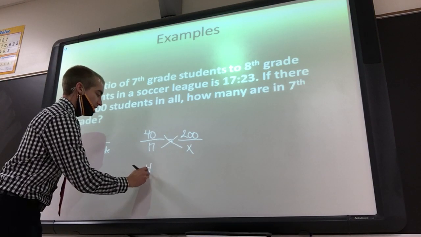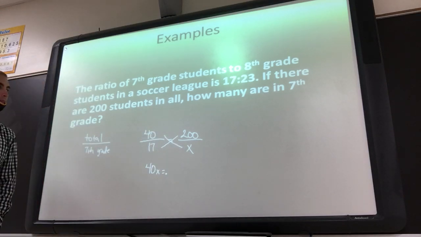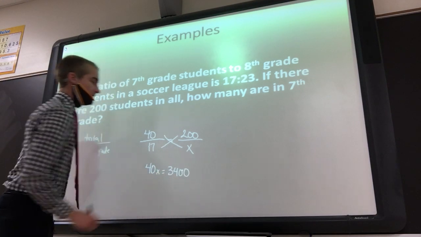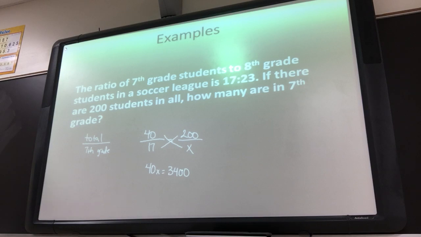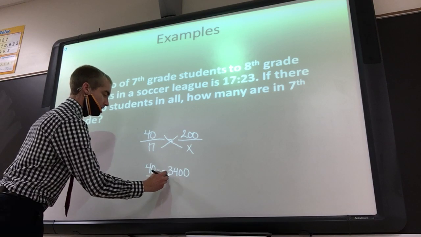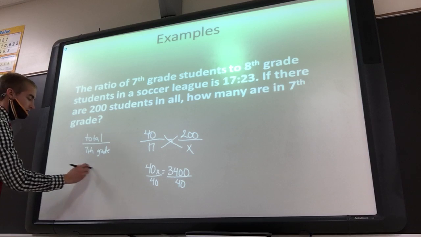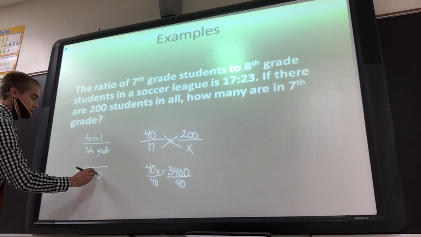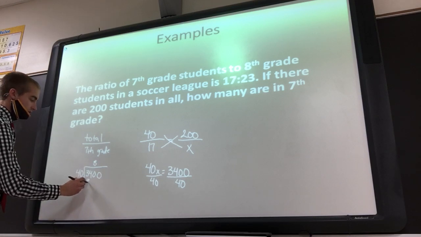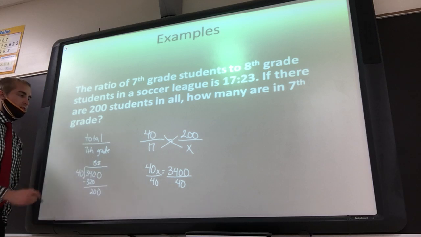We get 40x, or 40 times x, equals 200 times 17, which is going to be 3,400. And then we would divide by 40. 3,400 divided by 40. We're going to get 85 as our answer.